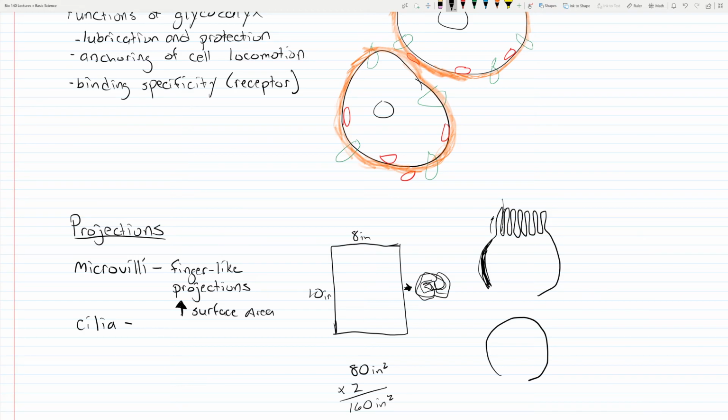And microvilli attach directly to the cytoskeleton. And you're like, you haven't talked about the cytoskeleton. And I'm like, 100% correct. I have not talked about the cytoskeleton.